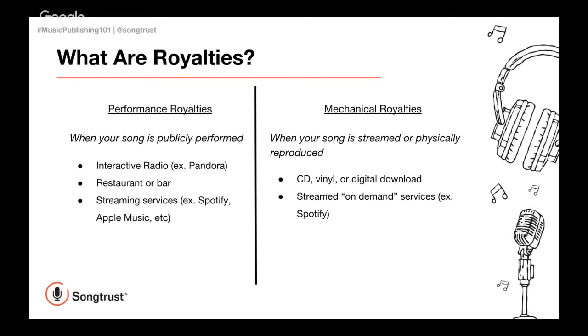So depending on where you're affiliated, your society may be licensing your mechanical rights. However, again, every society is different. There are always special requirements. You may be required to have a publishing entity, a business entity, set up in that territory. So it can get really complicated to make sure you're collecting all of the royalties that you're owed.